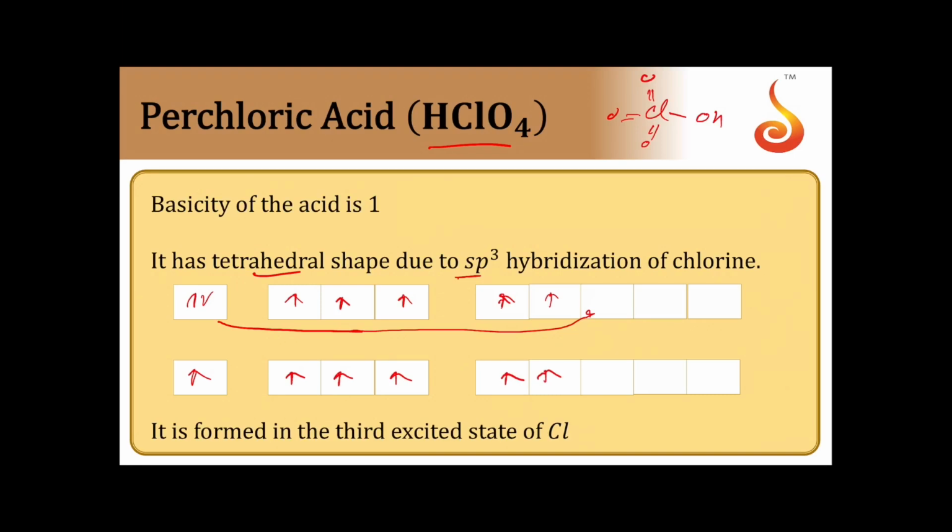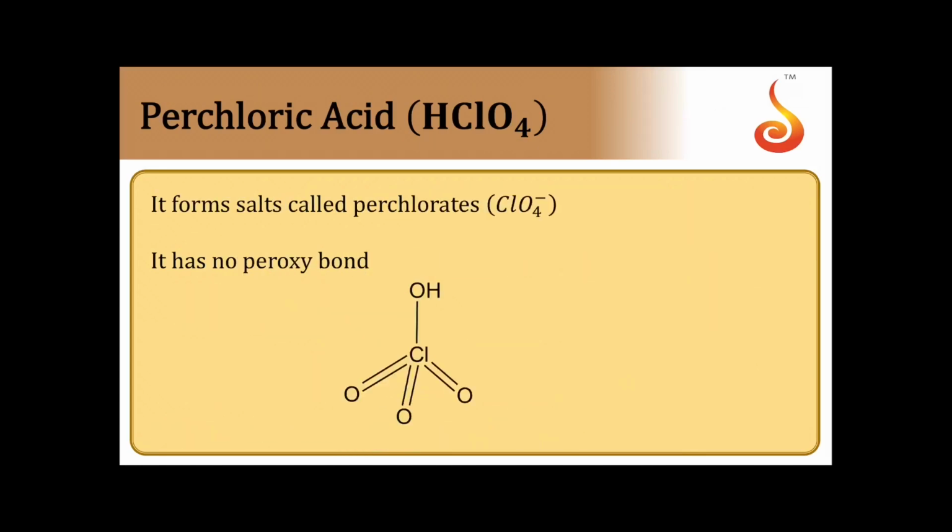It forms 7 covalent bonds. That is said to be the third excited state. Though it is called perchloric acid, there is no peroxy bond in this one. So the structure has Cl, one OH group, and the remaining are all multiple bonds. So the tetrahedral structure is what we have for the oxyacids of chlorine.